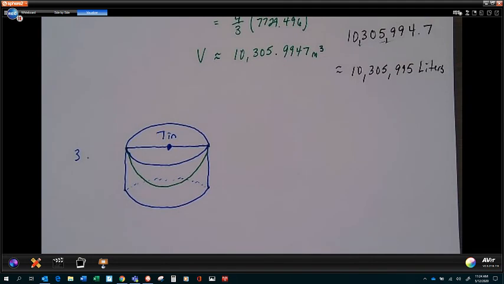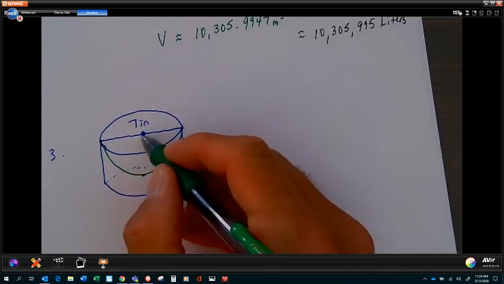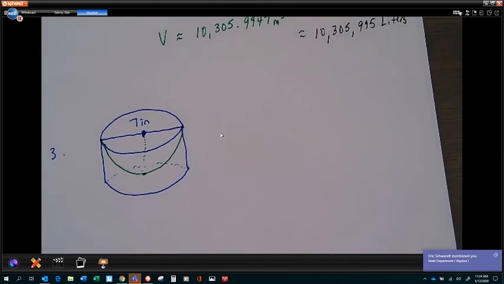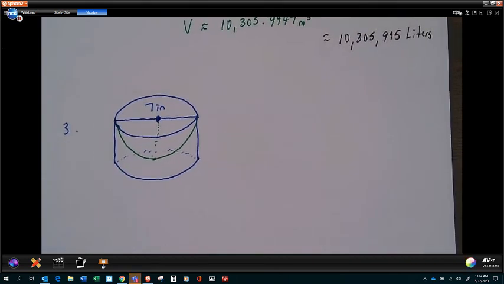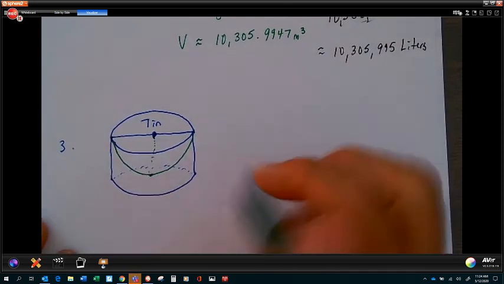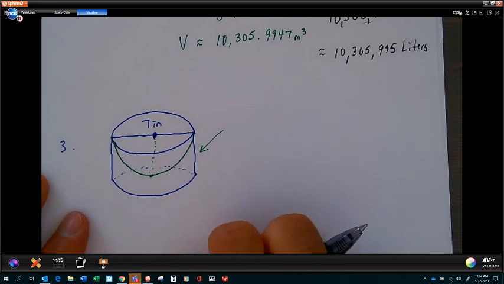And to help you out a little bit, the bottom of the sphere here is tangent to the bottom of the base, which means this distance right here is the same as the radius. So if we figure out the radius, then we have the height of the cylinder.